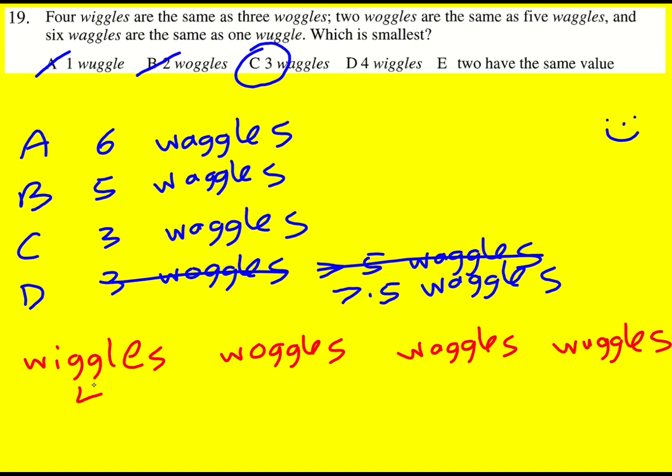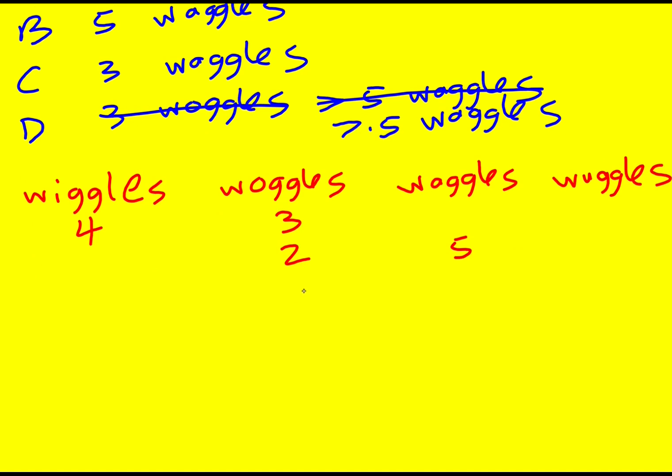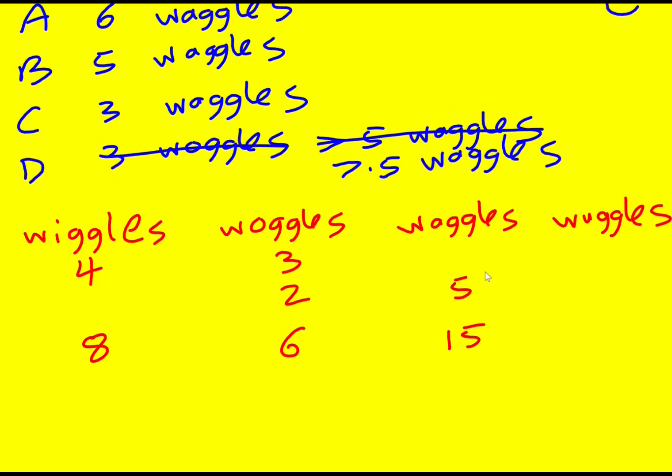So right at the start, we're told that 4 wiggles is worth 3 woggles, and that 2 woggles is worth 5 waggles. So I can relate those three together by making this 6. I'm timesing the top one by 2, so it would be 8 wiggles is worth 6 waggles, times the bottom one by 3, then be worth 15 waggles.